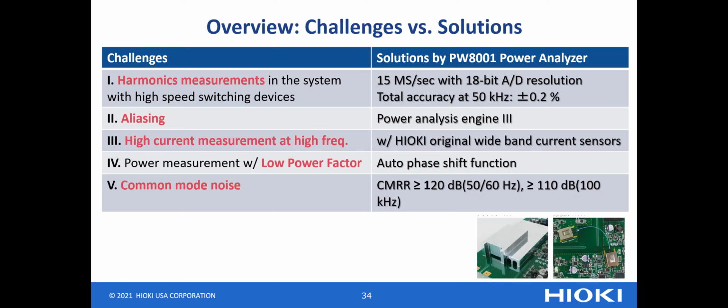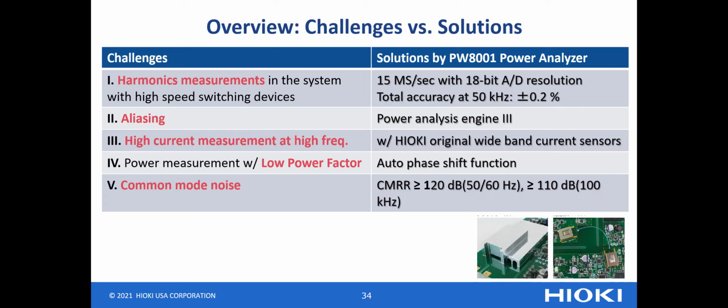And power measurement with a low power factor is another challenge. Minimizing phase error is the key to achieving accurate power analysis. The phase error increases at high frequency for the current sensor.